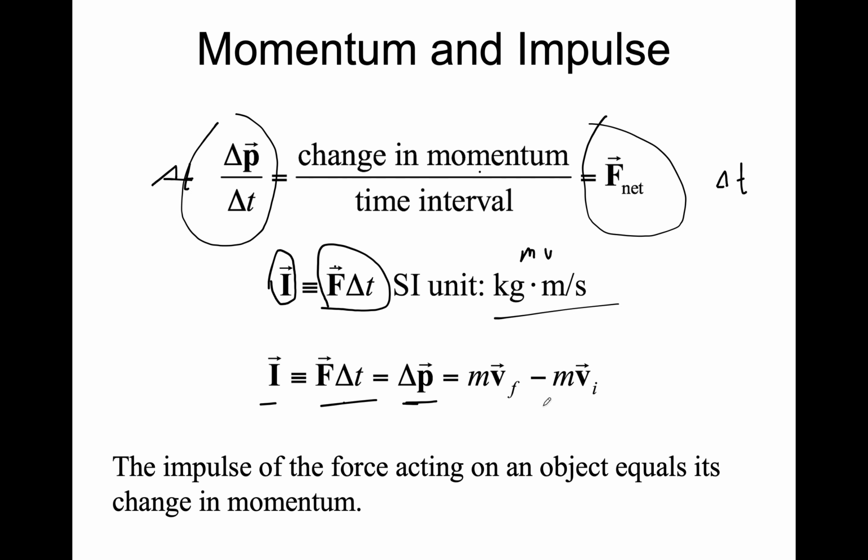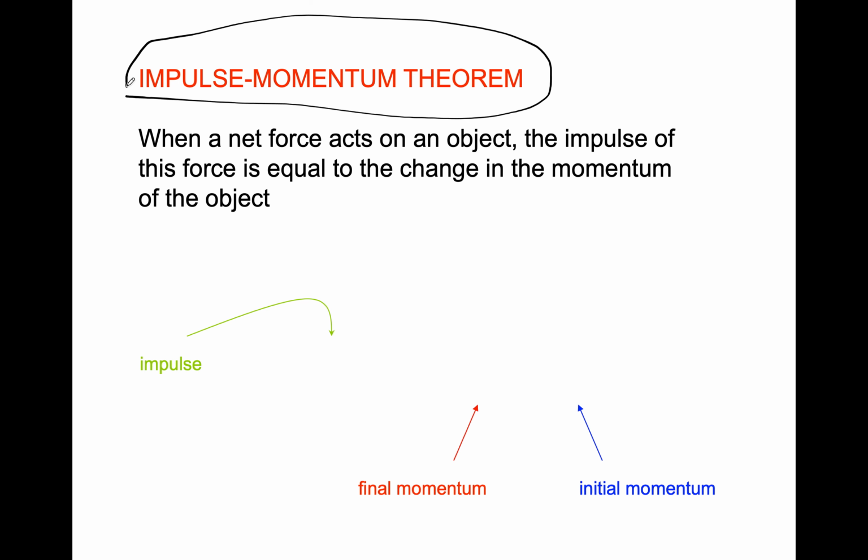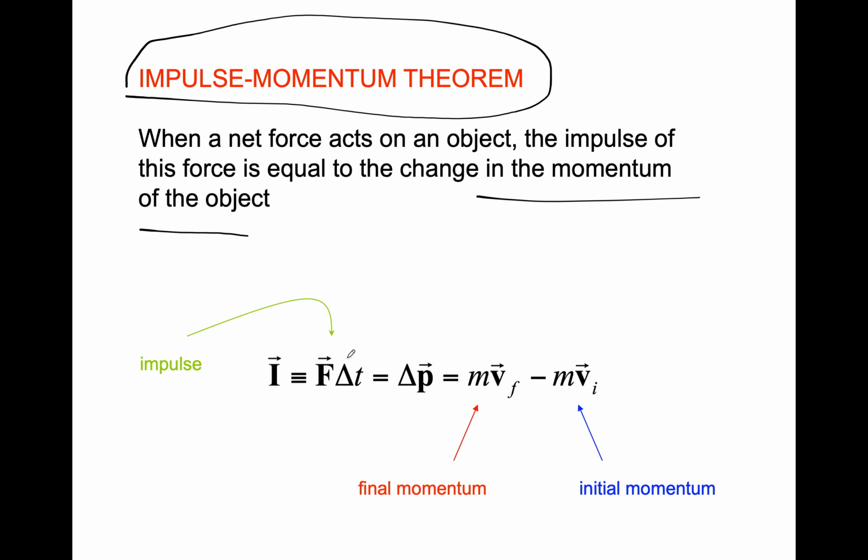The impulse of the force acting on the object equals its change in momentum, and we call this the impulse momentum theory. So the impulse of the net force acting on an object equals the change of momentum of the object.